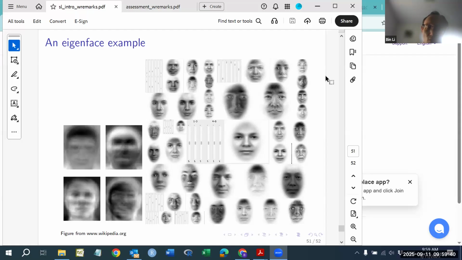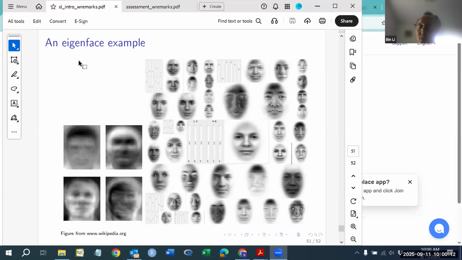So anyway, think about you have an image database, with millions or billions of pictures. How do you summarize these pictures? How do you represent these pictures not as individual pictures, but as something more informative that can also reduce the size?